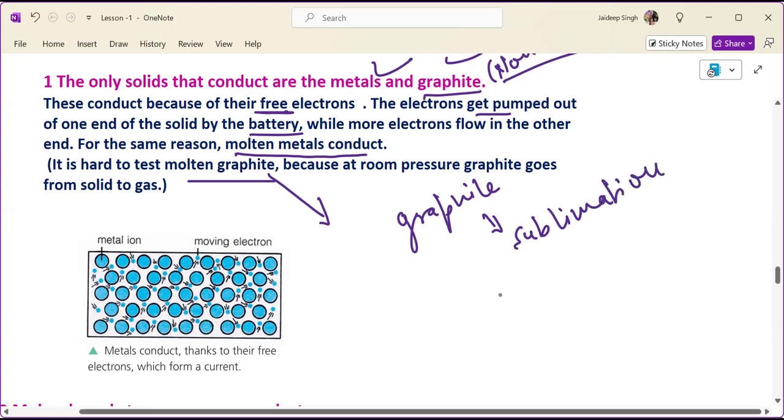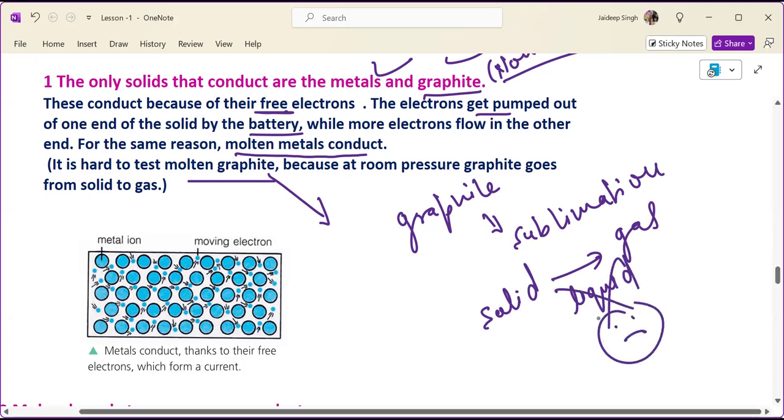It converts directly into gas from solid without an intermediate state of liquid. So there is no liquid state; it is directly converted into gas. So it is difficult to test molten graphite because it sublimes.